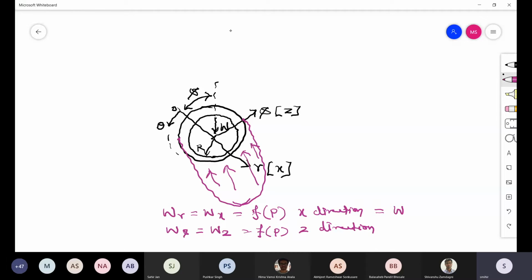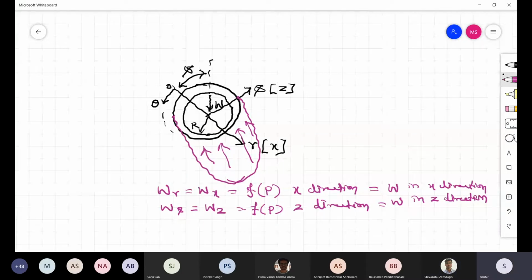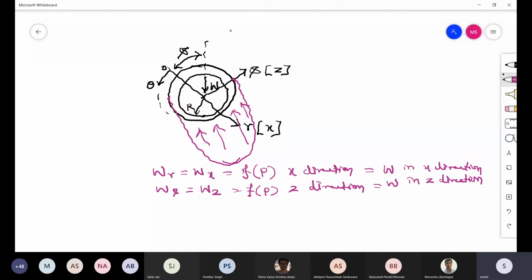W is the external load in the x direction, and this is equal to the external load in the z direction. If you do that, you will get those two integrations. Clear? These are components, so the summation of these two, square root of Wx square plus Wz square, equals your total W.